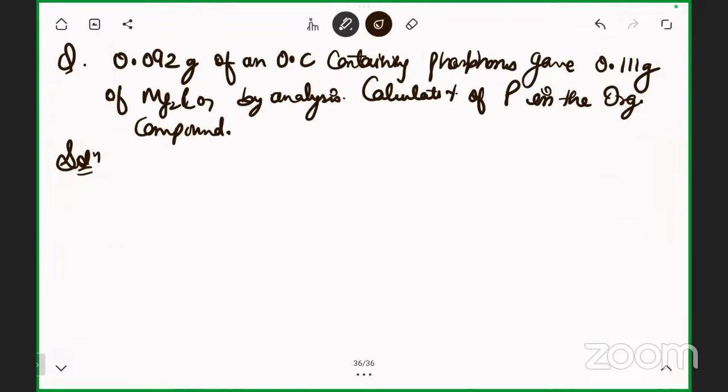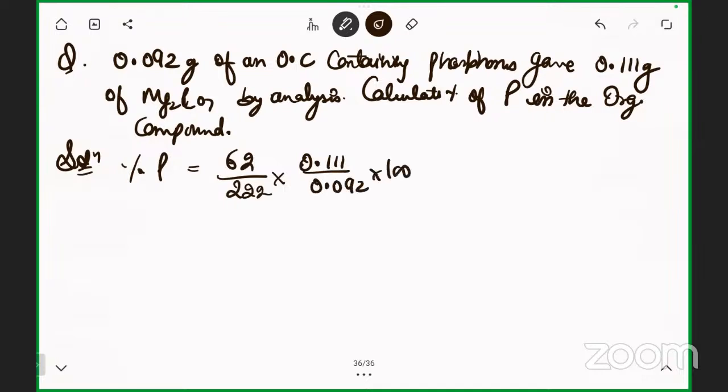Let's calculate. Percentage of phosphorus, I'm writing, is 62 divided by triple two into 0.111 divided by 0.092 into 100. Let me use the calculator first. 62 divided by triple two is equal to 0.2792. Okay.